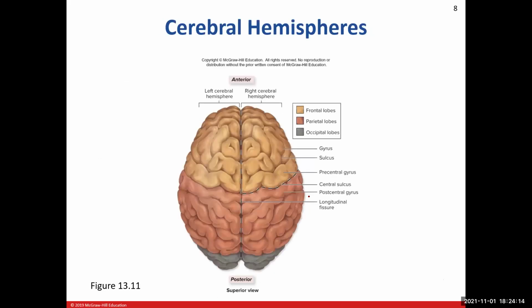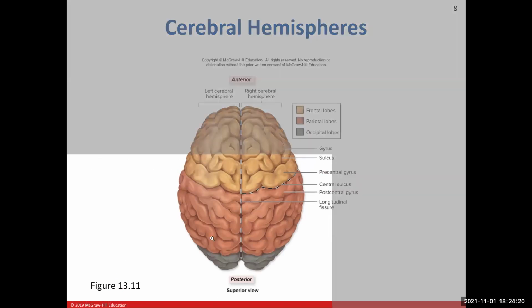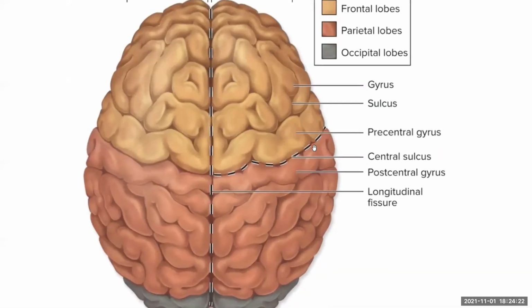And I showed you that before. You can see it right here on our superior view. Here is the central sulcus. And so anterior to the central sulcus is going to be the frontal lobe. Posterior to the central sulcus is going to be the parietal lobe.